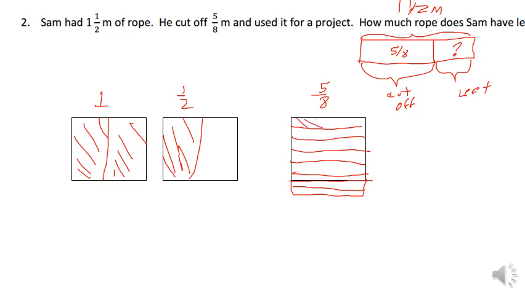And we're going to shade 5 out of 8. There's 1, 2, 3, 4, 5 out of 8. Now we're going to carry our 8s across, so I'm going to cut these in half. Then I'm going to cut them in half again to where it would be fourths. Then I'm going to cut them in half again, which would be eighths.